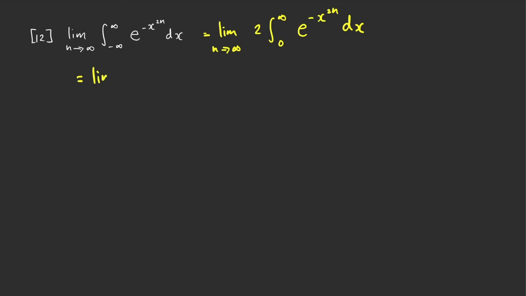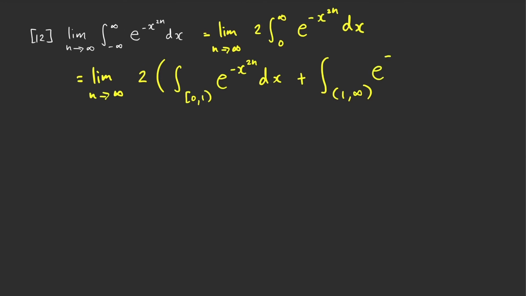We can write this down as the limit as n goes to infinity of 2 times the integral from, let me write it down as, for example, 0 to 1 of e raised to negative x raised to 2n dx, and then plus, let's exclude the 1, so this is just 1 to infinity of e raised to negative x to the 2n dx.